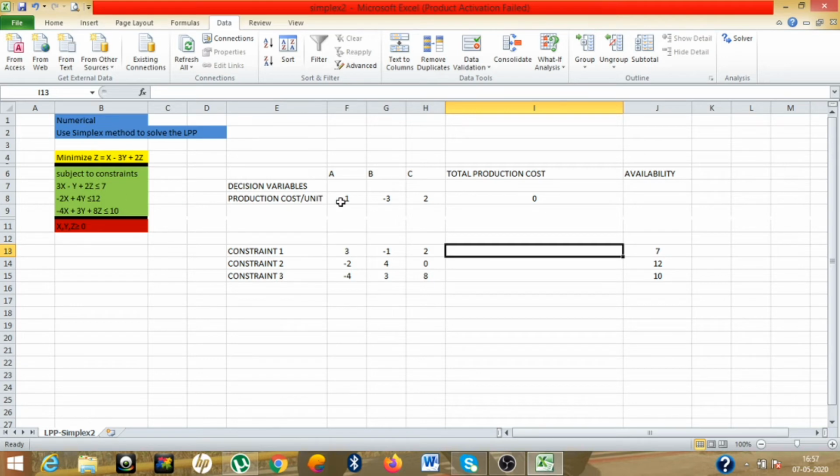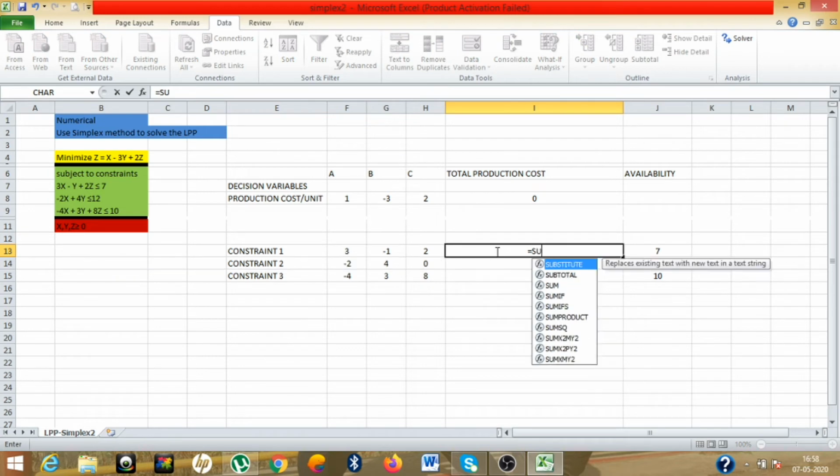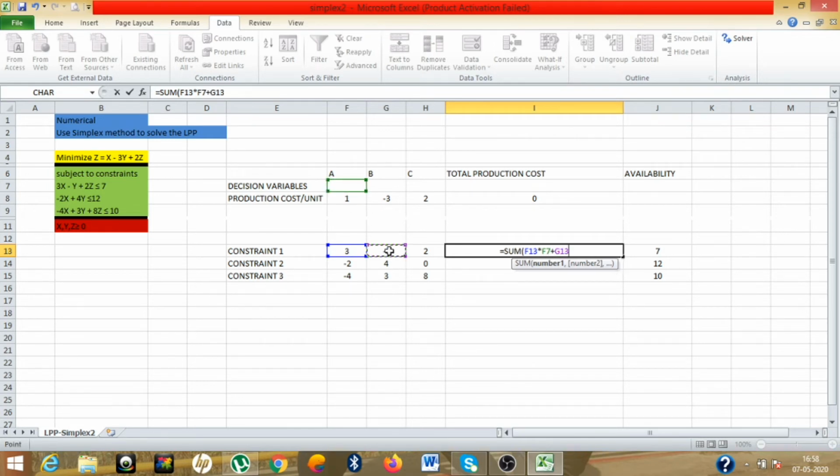So we'll find out the total consumption of each constraint, or each resource, equal to sum of 3 multiplied by x plus minus 1 multiplied by y plus 2 multiplied by z. Likewise for constraint number 2, sum of minus 2 multiplied by x plus 4 multiplied by y plus 0 multiplied by z.